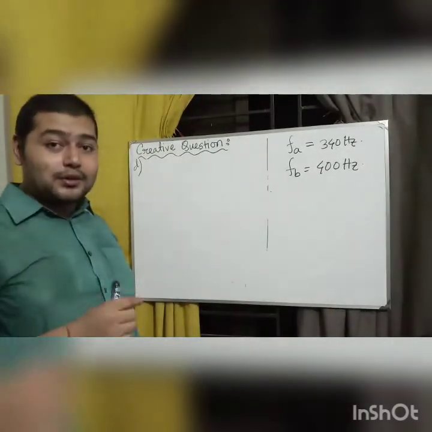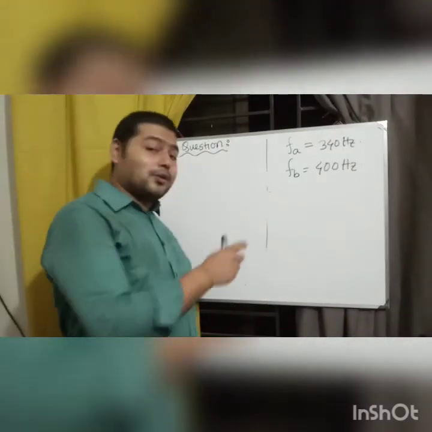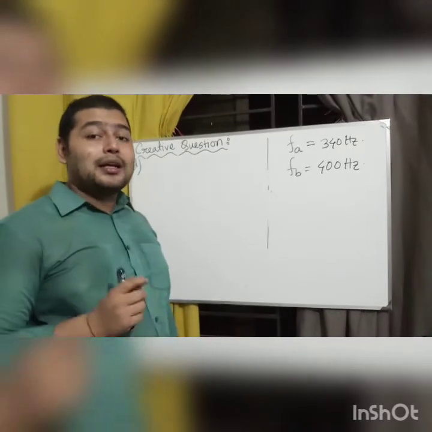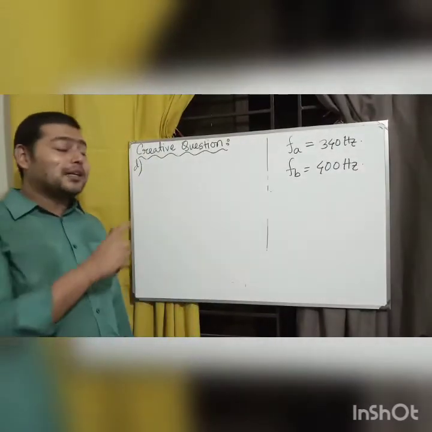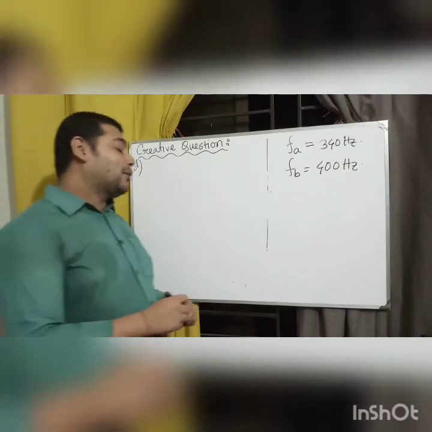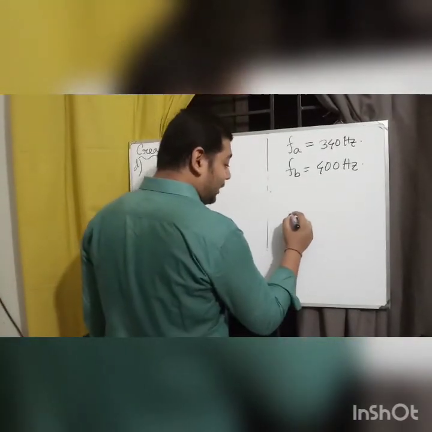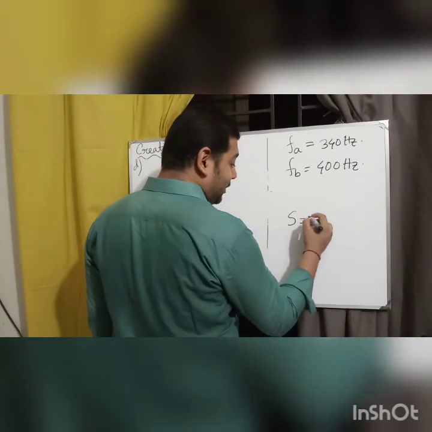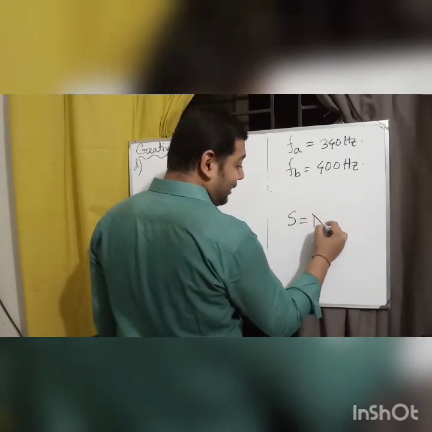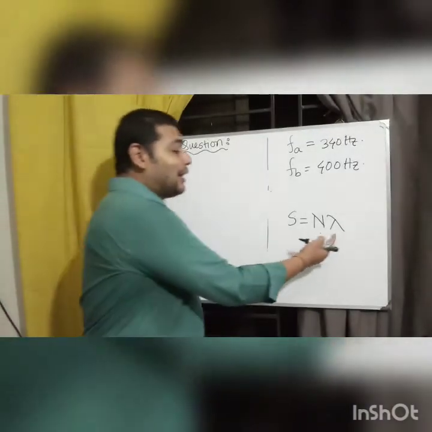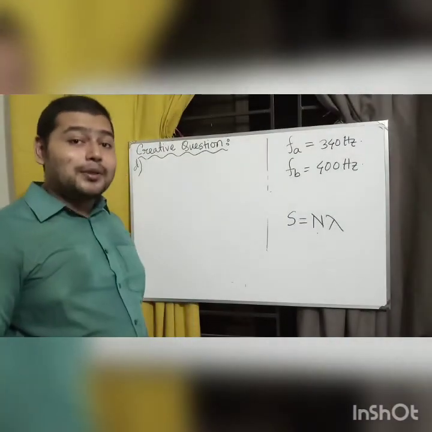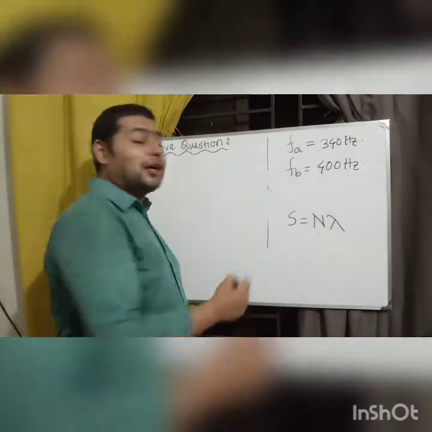So for this question we need to determine the distance traveled by the sound wave, and we can use a formula, and that is S equal to n lambda. Here n is the number of vibrations and lambda is the wavelength of the mentioned sound wave.